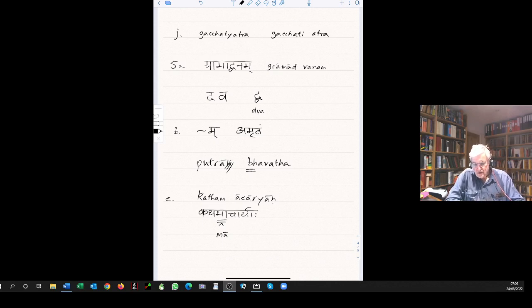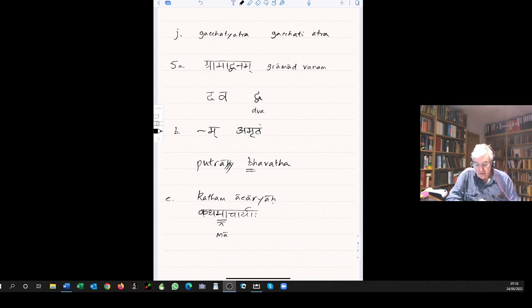So the question is, kutra suktanam jnanam bhavati? Where, kutra, is the knowledge of the hymns, suktanam jnanam. Jnanam, knowledge, suktanam, of the hymns, bhavati, is. So kutra suktanam jnanam bhavatiti virah putram prichati.